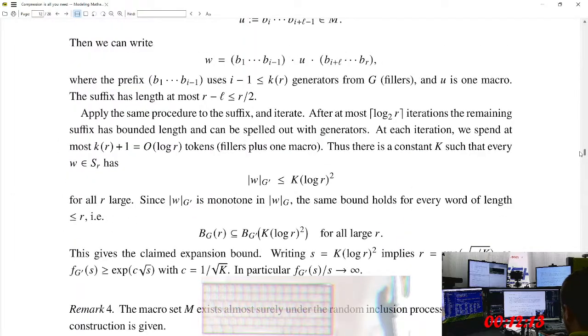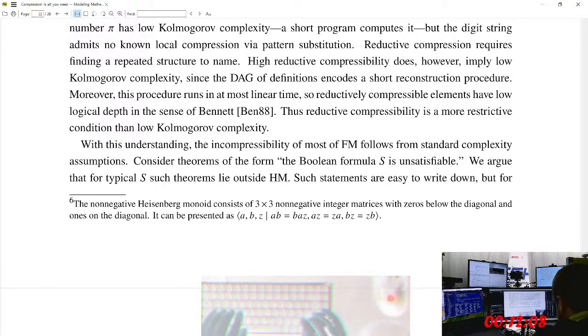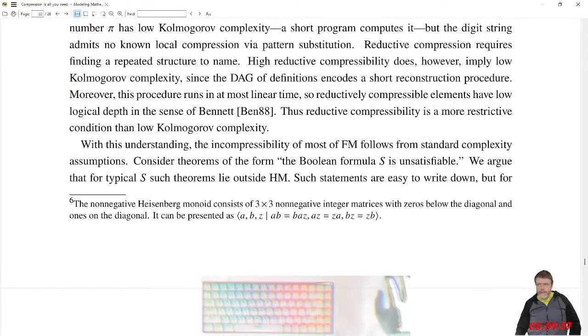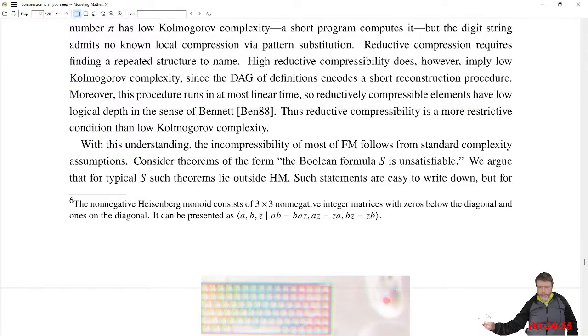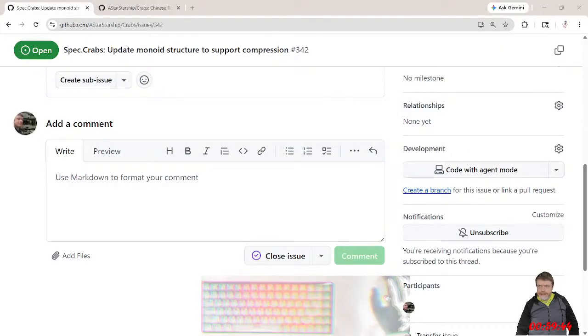There's all this formal stuff that would take me forever to understand, but I think I get it. There's the P versus NP problem, and the monoid structure is going to grow in polynomial time, as opposed to the NP-hard problems, right? Okay, so I'm going to call that a success.